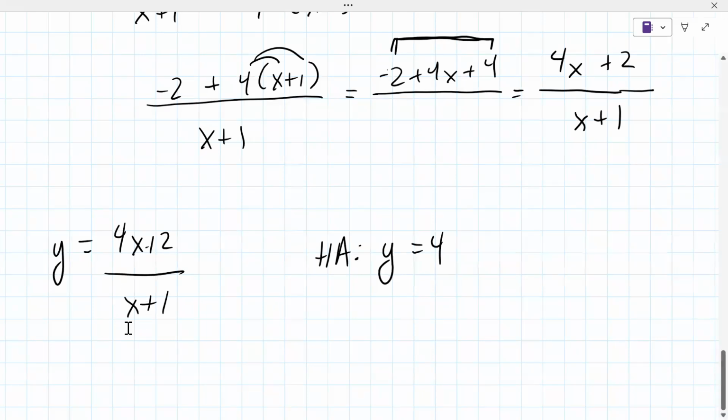Just looking at it here, does this have a horizontal asymptote of 4? No. Oh, wait, yes. 4/1. Yes. You seem unsure. It is the ratio of the leading coefficients. Do you agree or not?